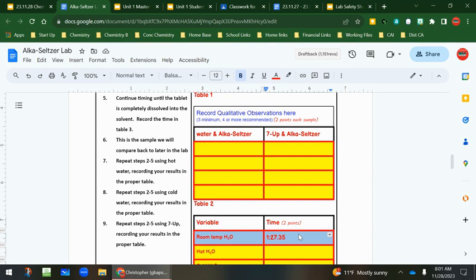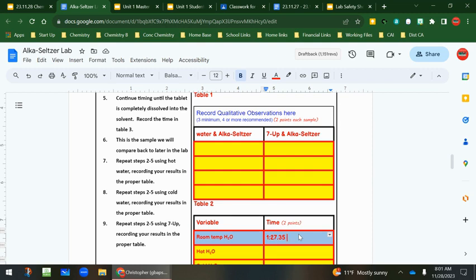It's ready to go. When you go to do the hot water, please bring this over to me. I will give you more than 100 milliliters of hot water. You can go back, you can get 100 milliliters into here, dump the rest out, and then pour it back from there into here and get going on your lab.